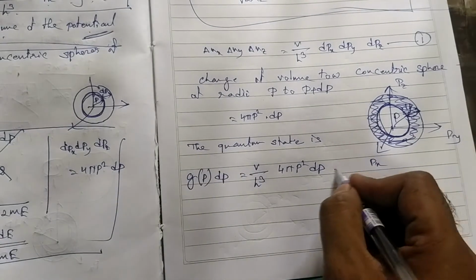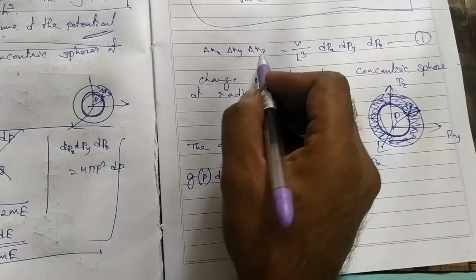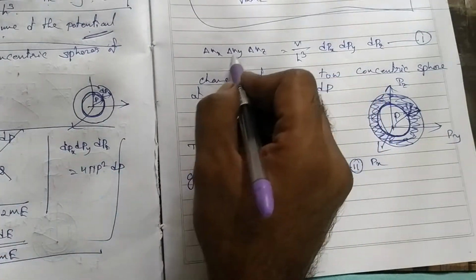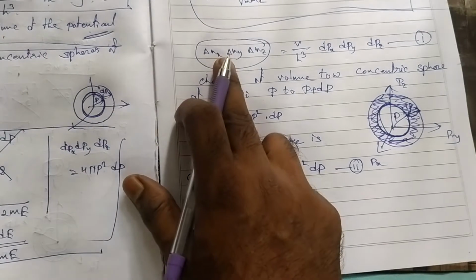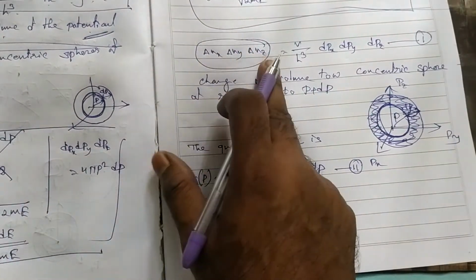How could we get this equation? This equation 1, this left hand side is dependent on the changing of quantum state.